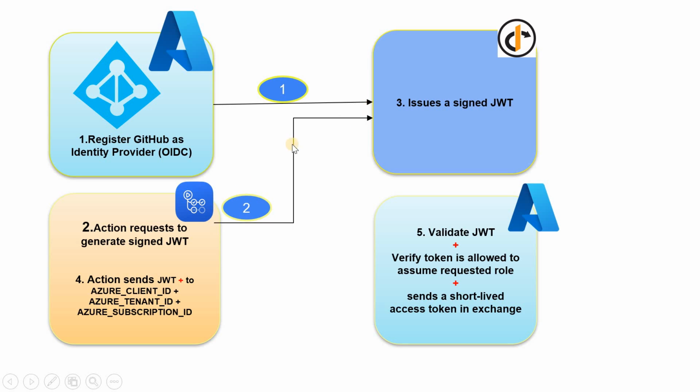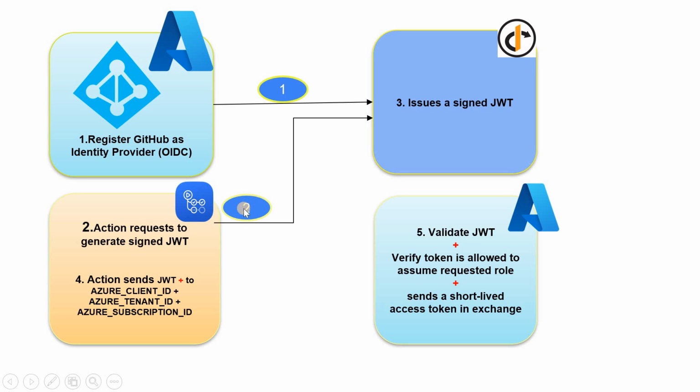In the second step, if you follow the numbers here, we will also configure the GitHub Action with the SPN client ID, subscription and tenant ID, so that it requests a signed JWT token from OpenID Connect.